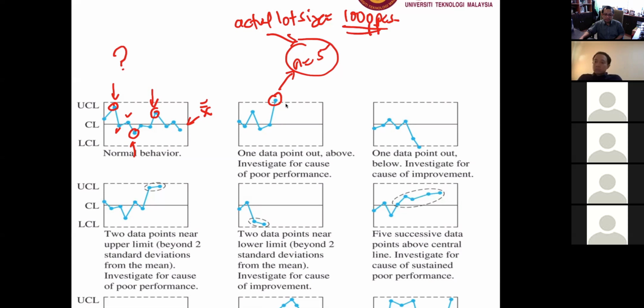So you must know what is the reason. Before this, it was at the mean of mean. But why suddenly does it go out to the upper limit? So you have to investigate the cause of this poor performance.